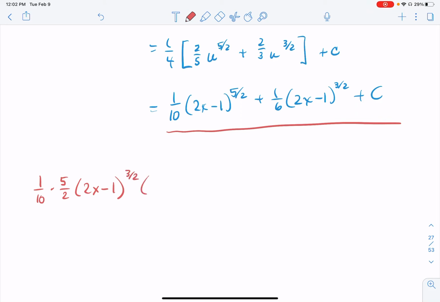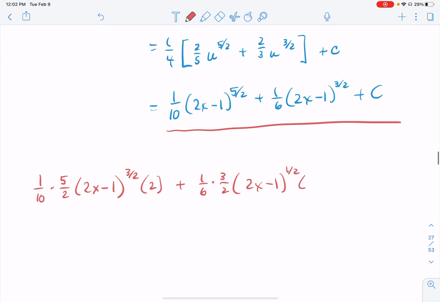Multiply times the derivative of the interior, 2, right? Bring down the 1/6 from the other one, leapfrog the power of 3/2 down, 2x minus 1, subtract 1 from the exponent, half, yep. And multiply it times the derivative of the interior, 2.